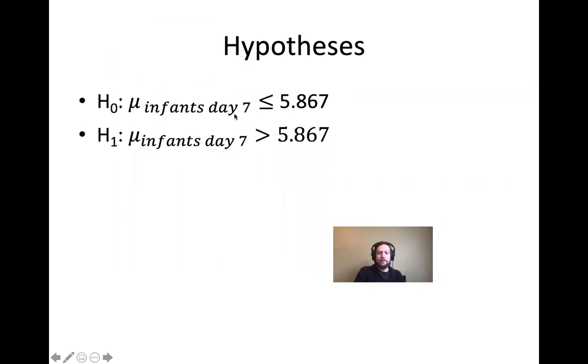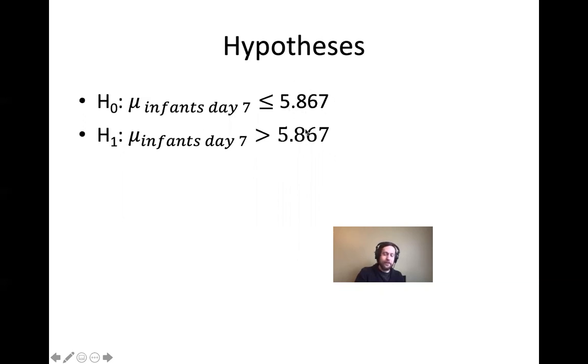So the amount of time that those 15 infants on day 7 spend paying attention to the mom's voice should be equal to the population mean. Because it's a one-tailed test, though, we'd also say it's equal to or less than the population mean. So the amount of time the infants spend paying attention to the mom's voice should be equal to or less than the population mean.